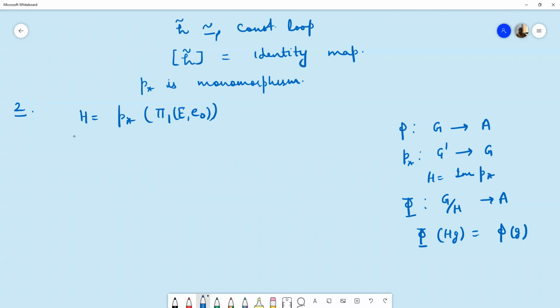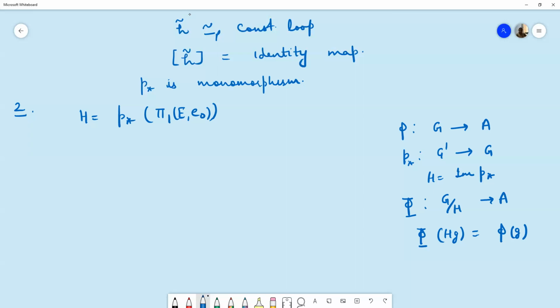Now in this result, we have to prove that the lifting correspondence phi induces a mapping capital Phi which is injective. So to prove it is 1, 1, we will prove that phi of f is equal to phi of g if and only if f belongs to Hg.